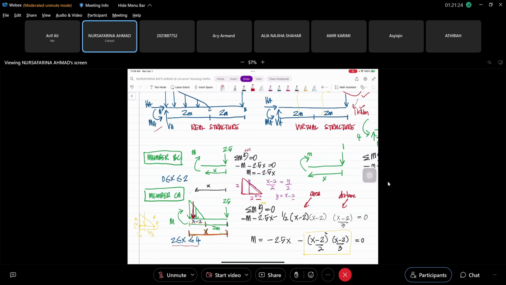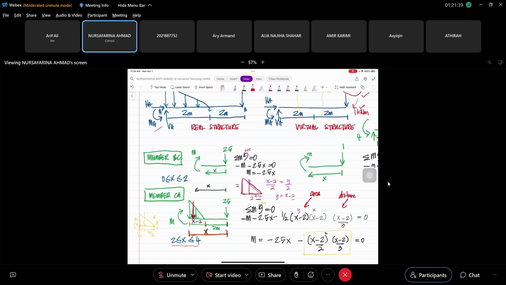So when I do an area, I know that y is, this is y, this is x. Okay, y is x minus 2, x is x minus 2.